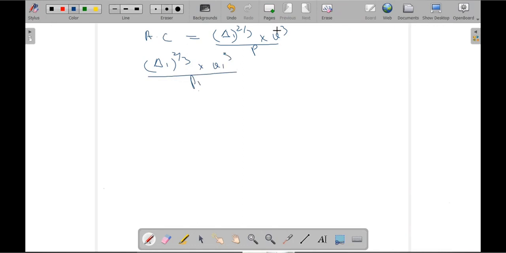Since admiralty is a constant, this will be equal to delta 2 2 by 3 into V2 cube divided by P2. This is the relationship as per admiralty coefficient, and then we have derived the relationship for fuel coefficient.